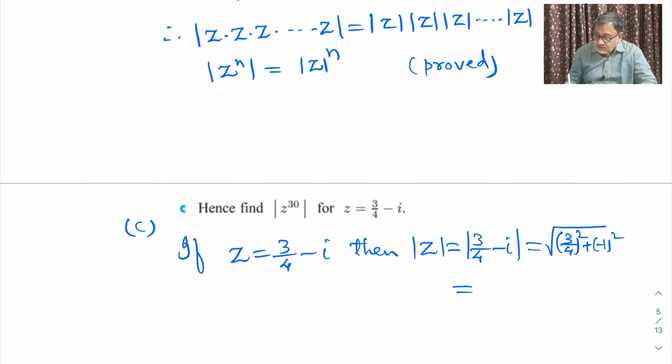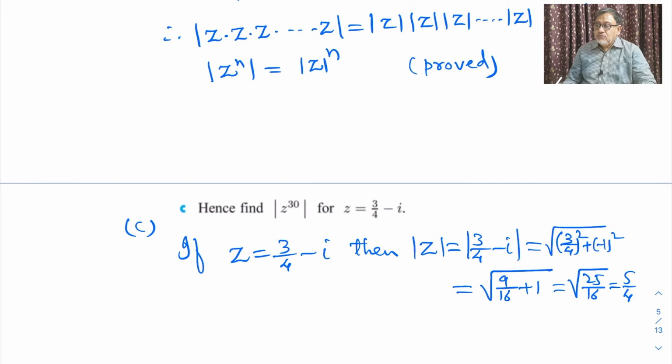We have already found it many times. So 3 square is 9, 4 square is 16, plus 1, which will be LCM as 16. So 25 over 16, which will be 5 over 4. So we found the modulus of z here.